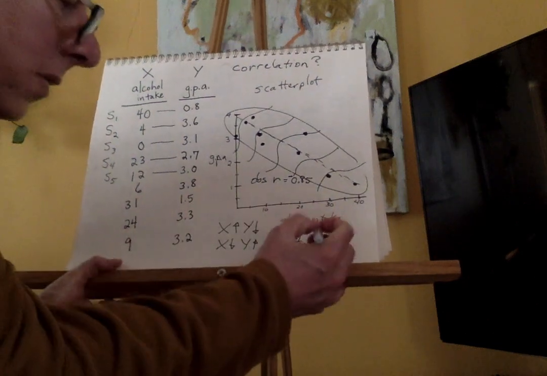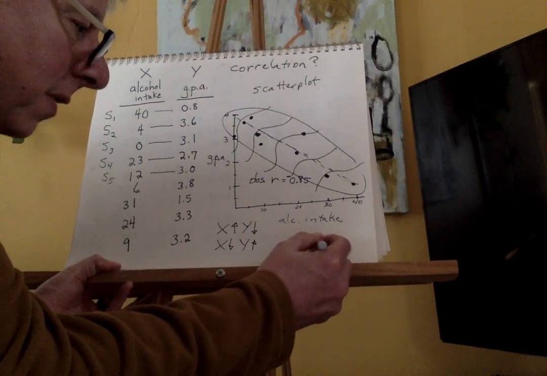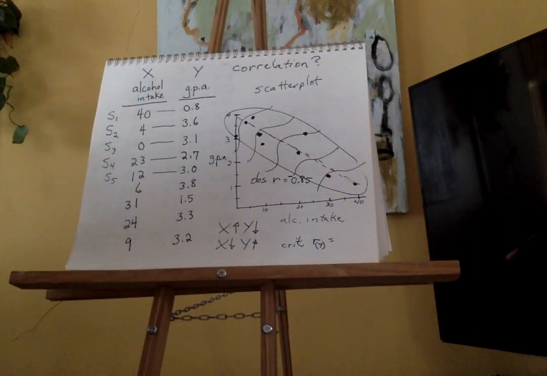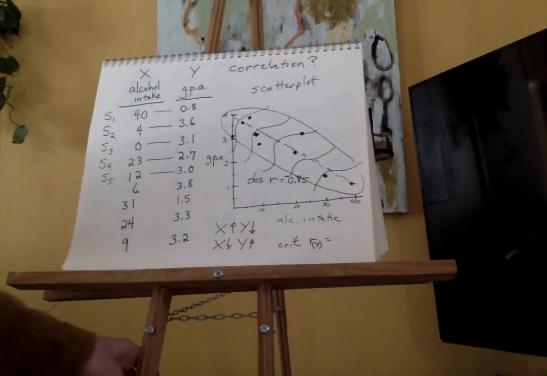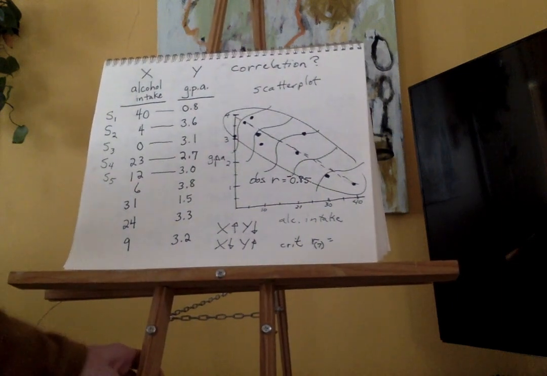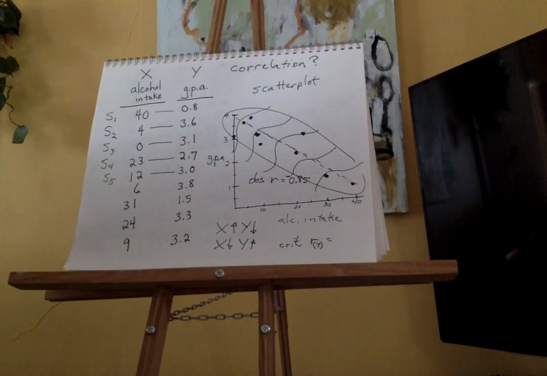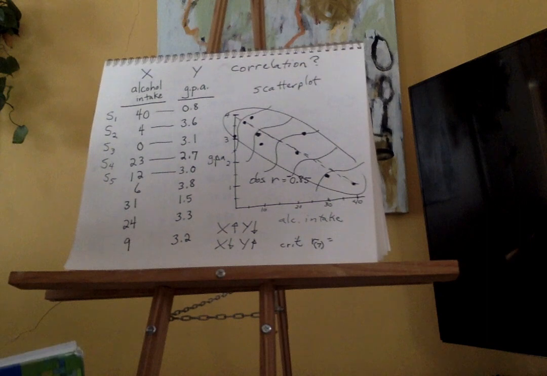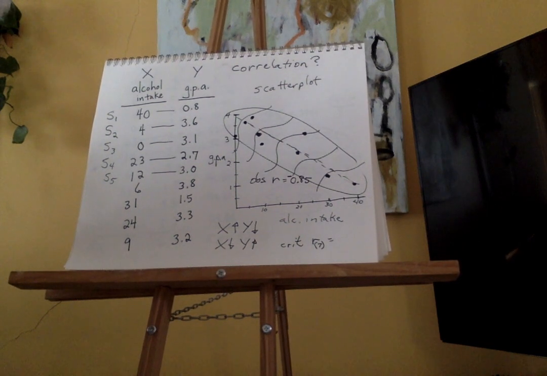So the critical value here is for 7 degrees of freedom, 9 minus 2. Okay, everybody with me? 7 degrees of freedom, because it's the number of points in your scatter plot minus 2 instead of minus 1. The reason for that is because we have 2 dimensions, not just 1.